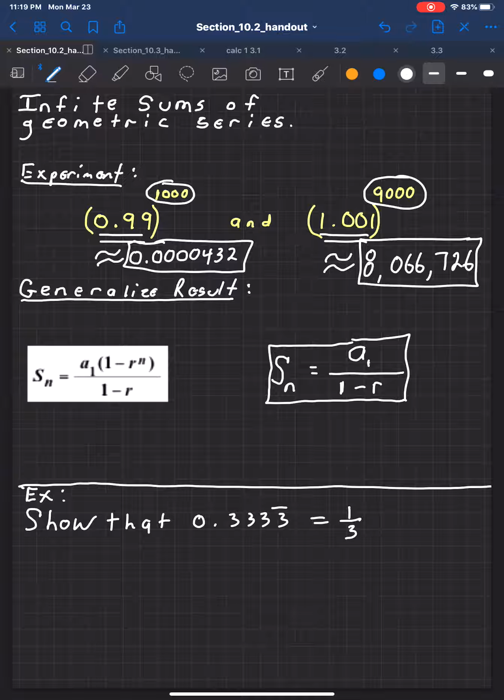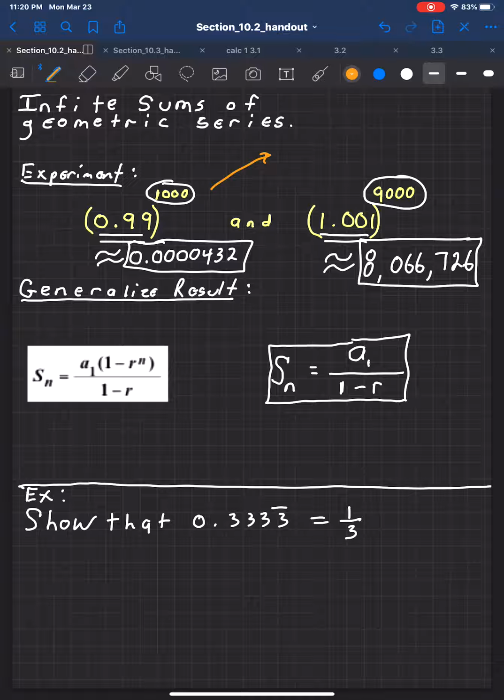And now I'd like to see if we can generalize this experiment. This is by no means offering a proof to the statement I'm about to make, but let's see if we can generalize it.